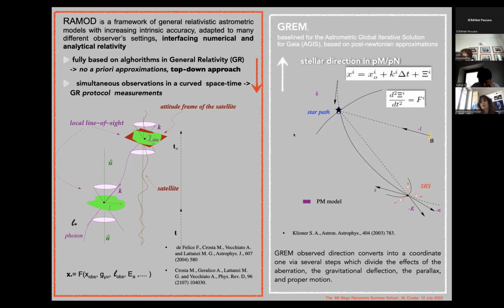On the other side, GREM is essentially based on classical astrometry. So the observed light direction is converted into a coordinate one via several steps, which divide the effects of the aberration, the gravitational deflection, the parallax, and proper motion. Instead, RAMOD takes everything into account when trying to solve the null geodesics.